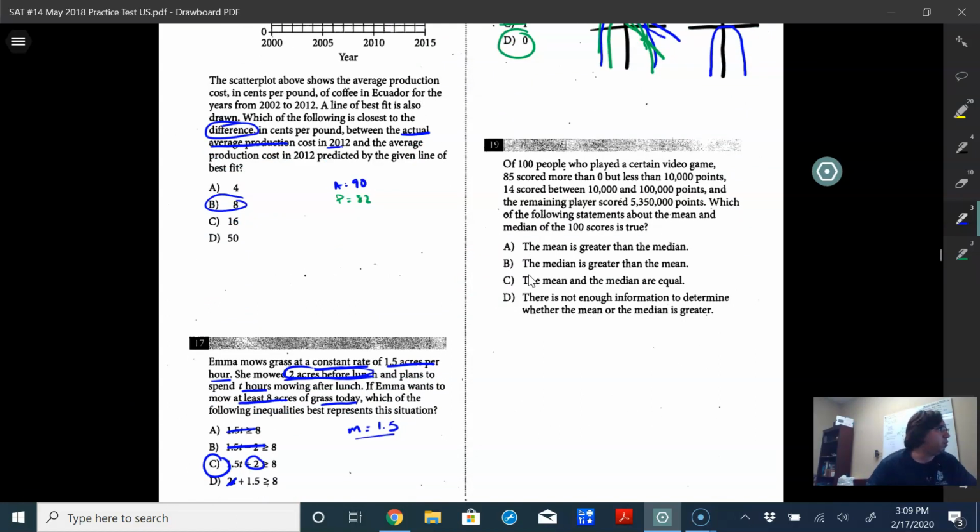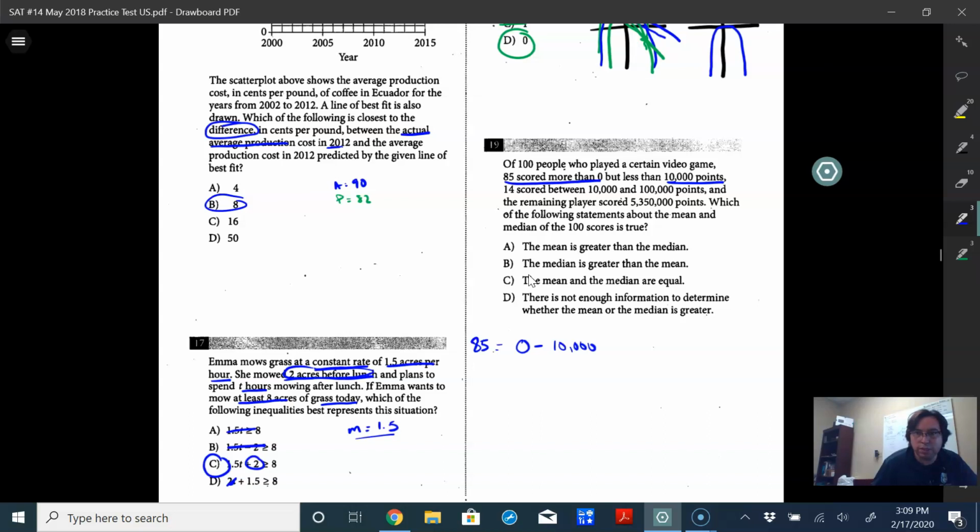Okay, so let's look at number 19 here. On this one, we're talking about mean, median, and mode. It says if 100 people played a certain video game, 85 scored more than 0 but less than 10,000 points. So we see that 85 people scored between 0 and 10,000 points.